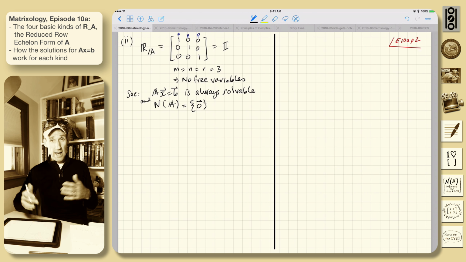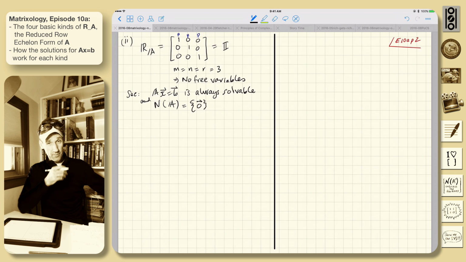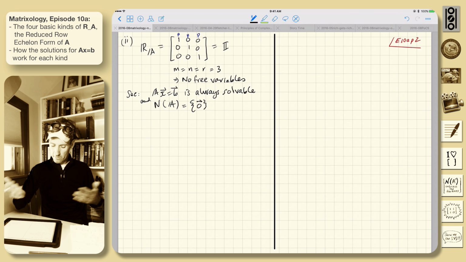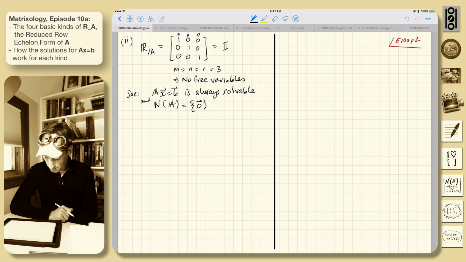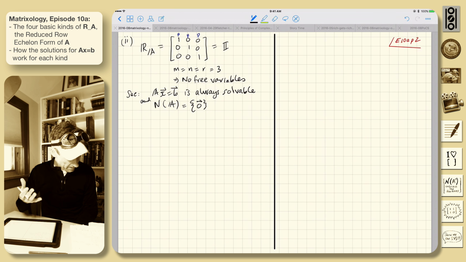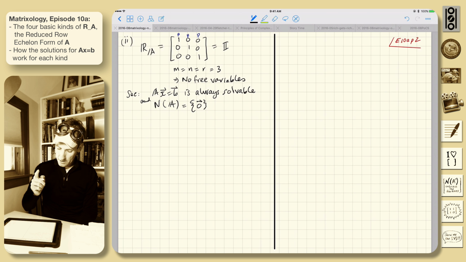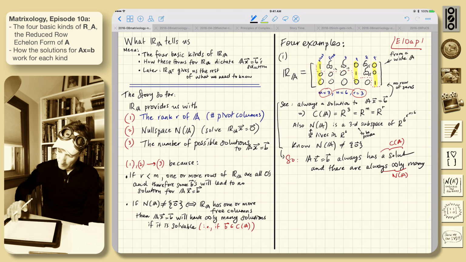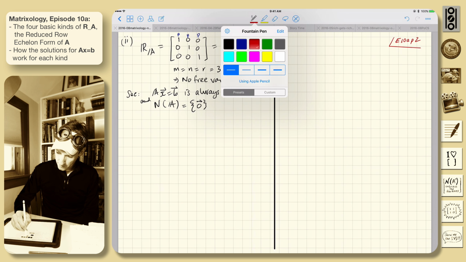So those two things together, no free variables. So once we've got a solution, we can't play around with it and add some null vector to it, which is how we get to infinitely many from our previous work. We're going to come back to it. Good?